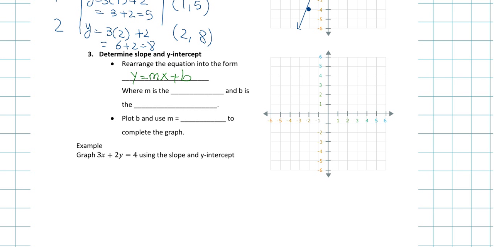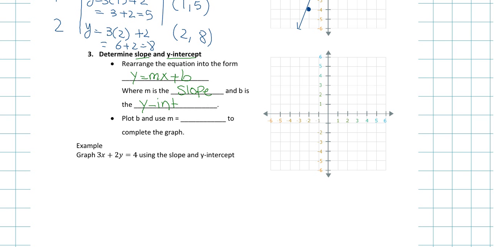So m is the slope, which means the steepness of the line, and b is the, what does b represent? It represents the y-intercept. That's why we call it slope y-intercept form. So m represents the slope, b represents the y-intercept.